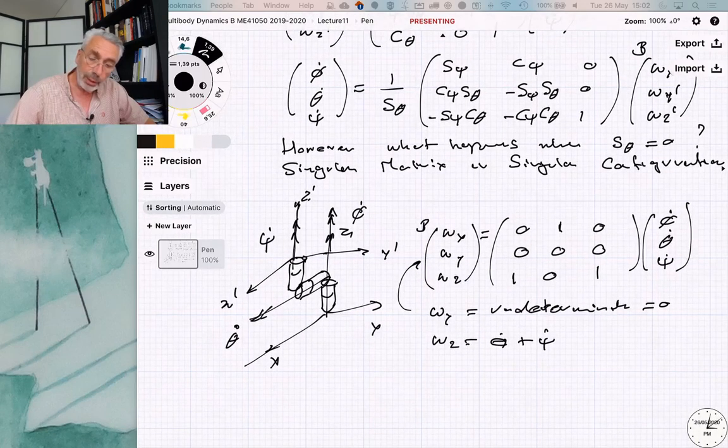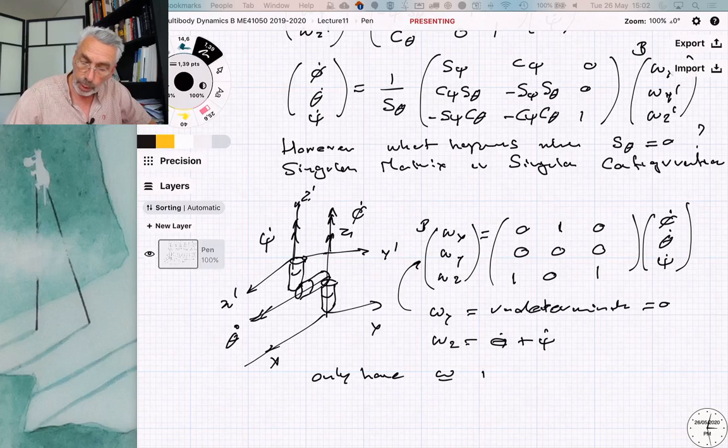So we call this a singular configuration because with this alignment of the three axes in one plane, we can only describe angular velocity within this plane, within this zx plane. So we can only have omega in the, which plane did I say? xz plane.